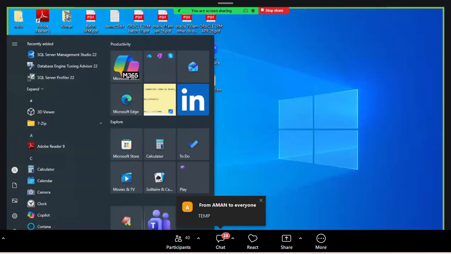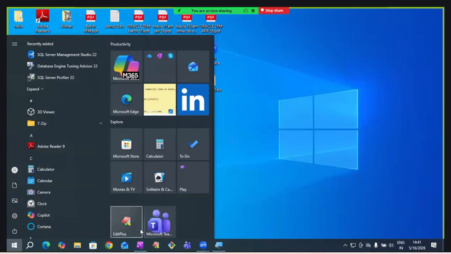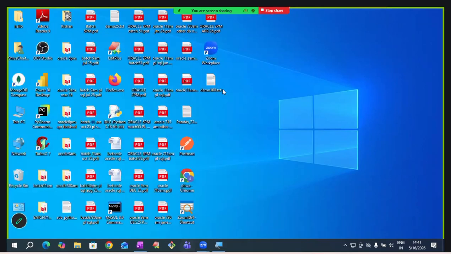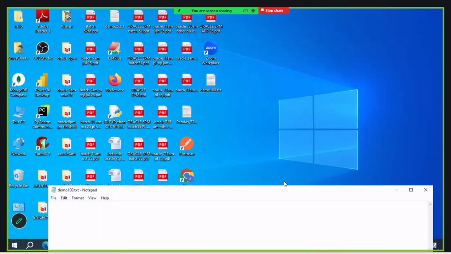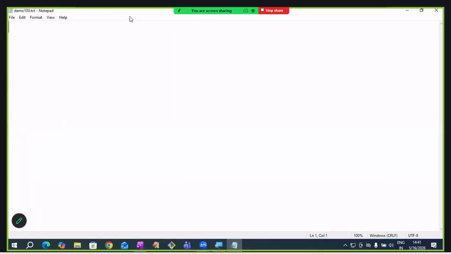File will be there, which means it is stored in the hard disk. Simple. I created the file, I am closing the computer, and again I'm switching it on. The file will be there, which means it is created permanently in the hard disk. So when I create the file, that file is created in the hard disk.